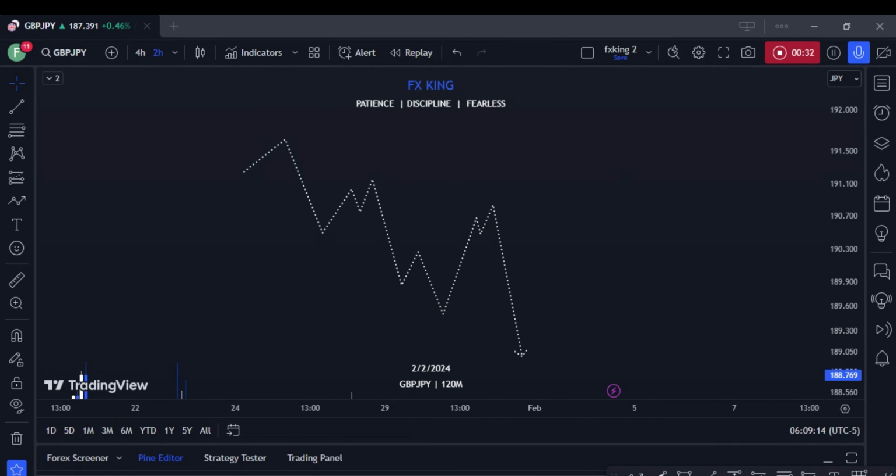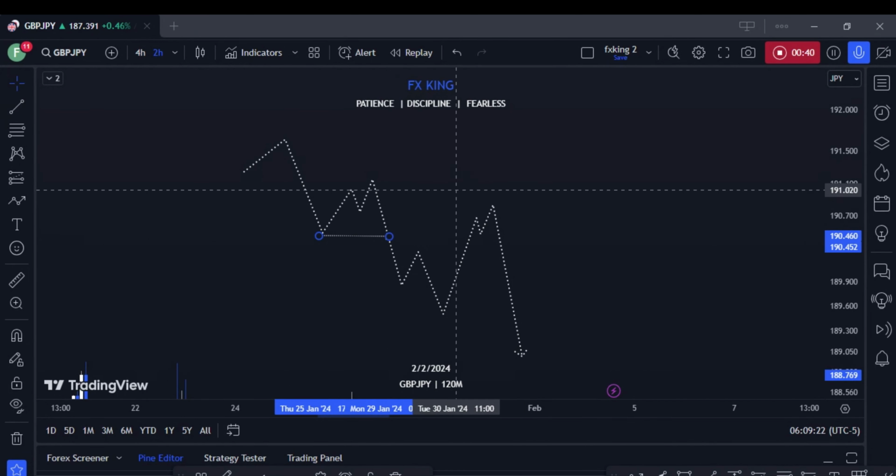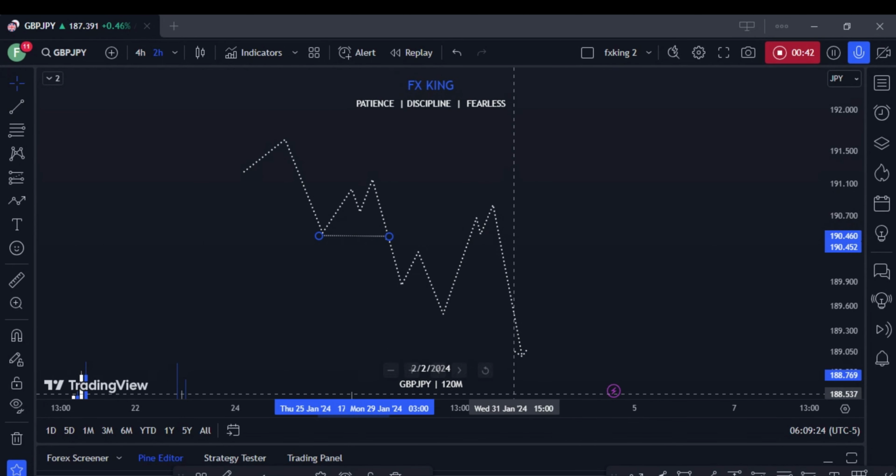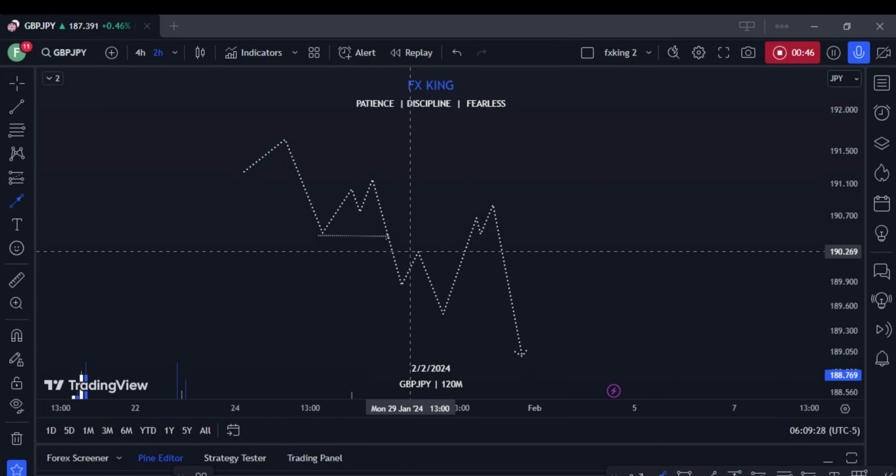Here you can see that we have this structure break. After this structure break, what do we have? On this leg, we have our inducement. We have this inducement right here.